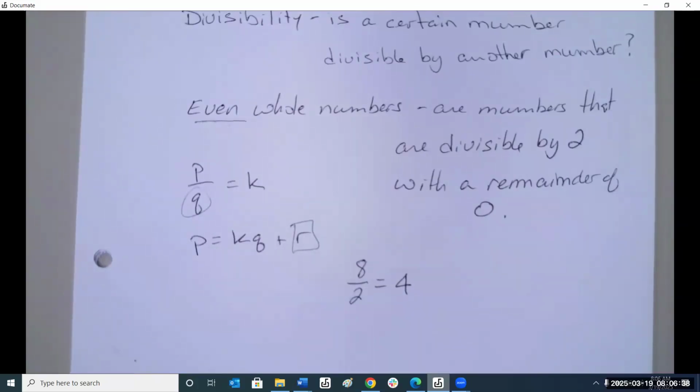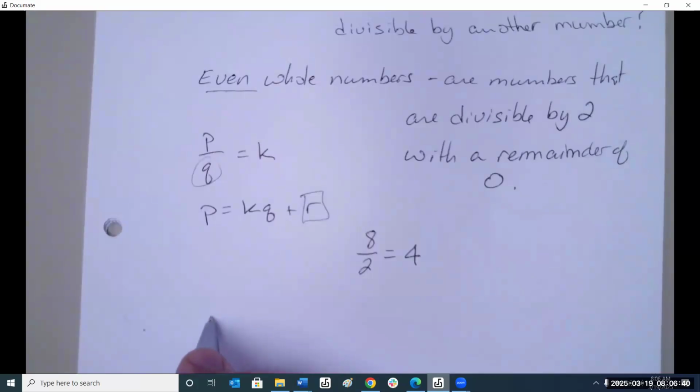So if that's the case, how would you define an odd whole number?